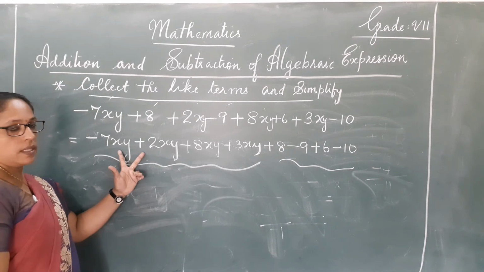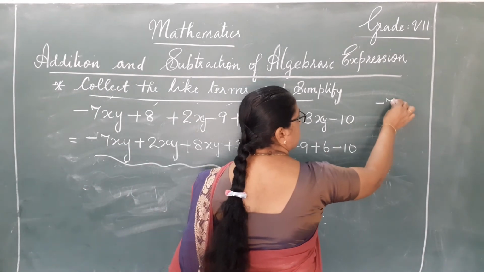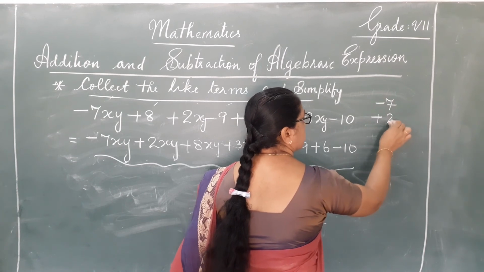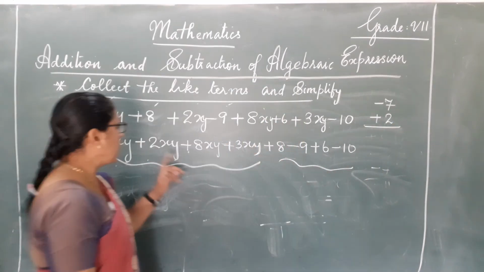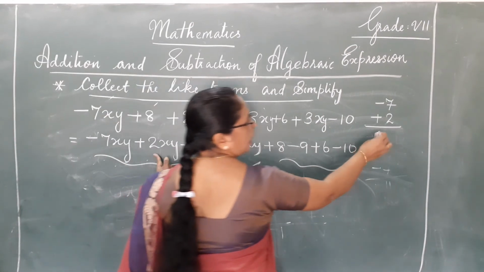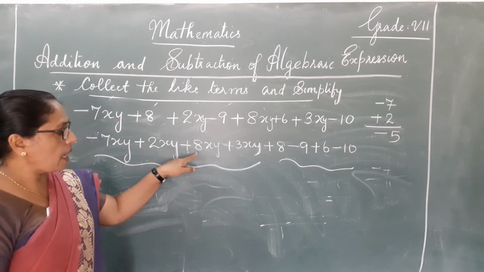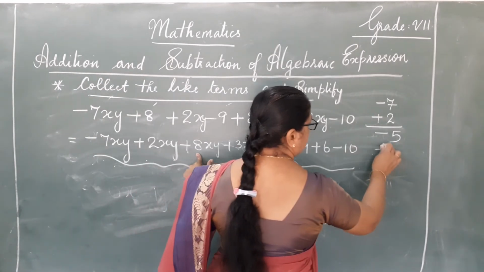Take 2 first: negative 7 and positive 2. Solve that. Come on, say. Yes, negative 5. Then negative 5 and positive 8.